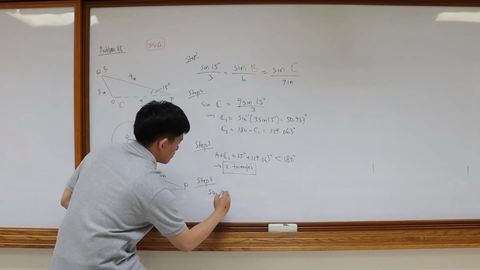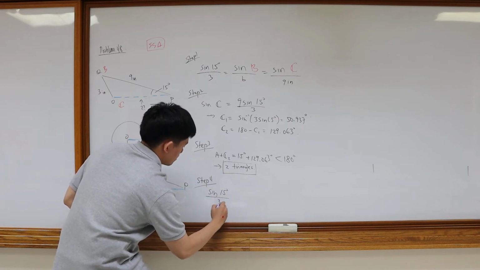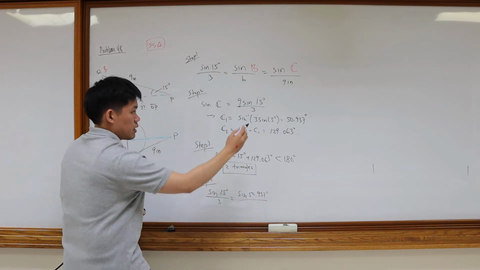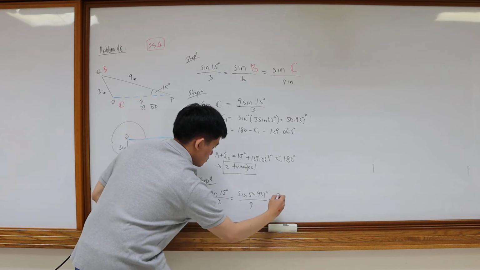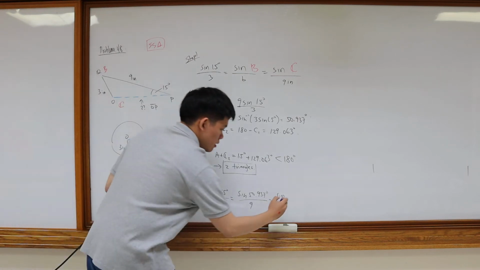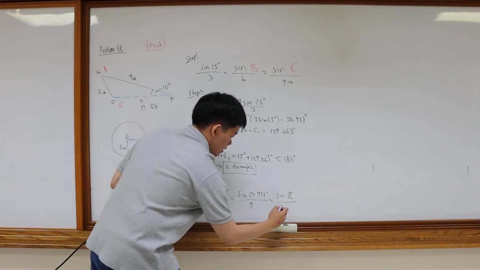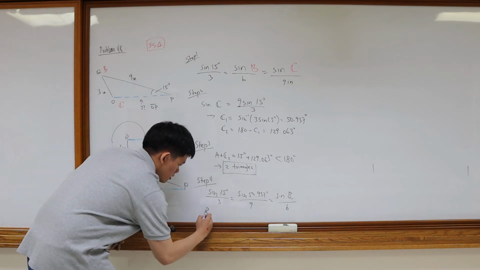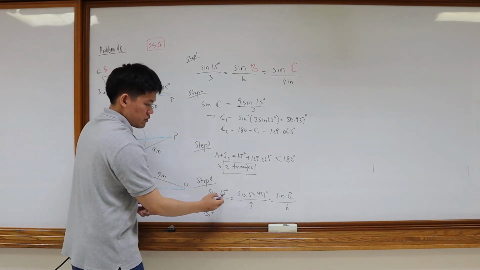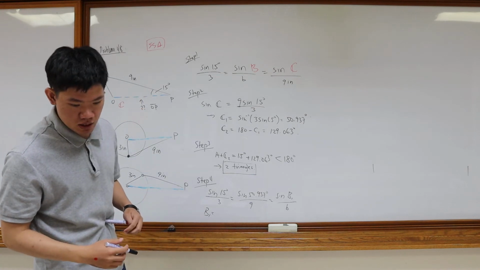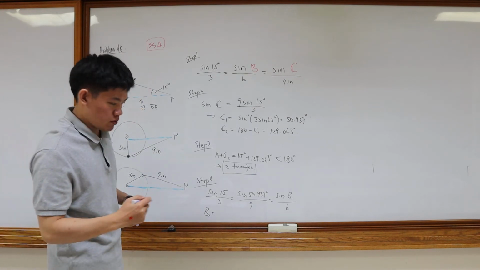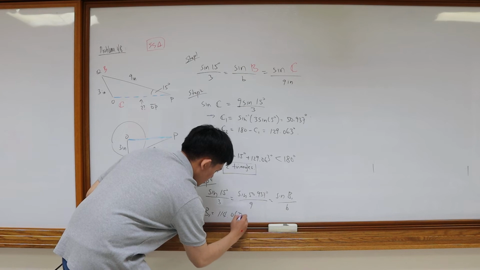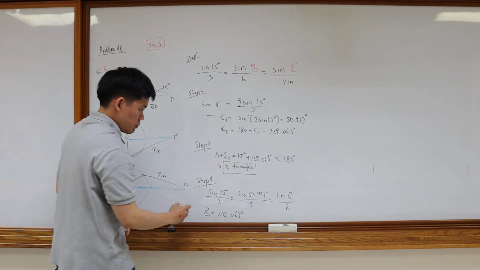Sine of 15 degrees over 3 is equal to sine of 50.937 degrees divided by 9, is equal to sine of B1 divided by b. B1 is equal to 180 minus 15 minus 50.937, which comes out as 114.063 degrees. So that's what we have for B1.